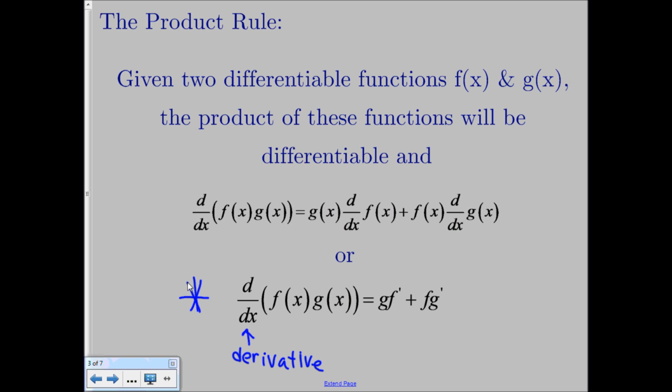The way I like to say it is the derivative of f times g is the second function times the derivative of the first, which is what this g times f prime is, plus the first times the derivative of the second. And that's just how I like to say it.